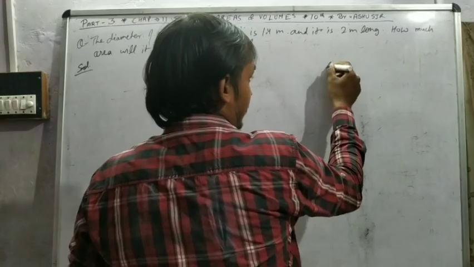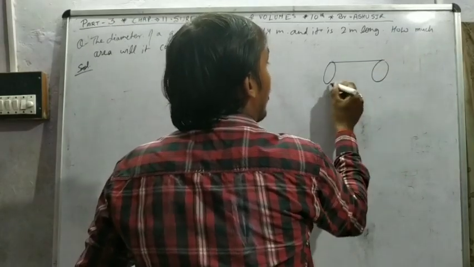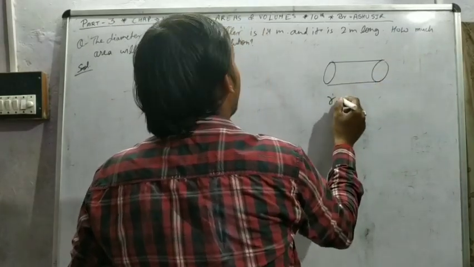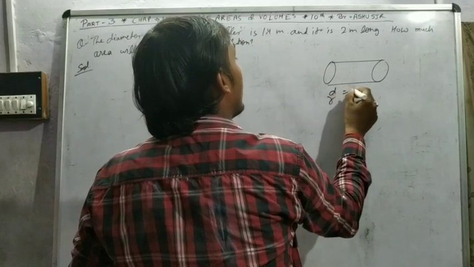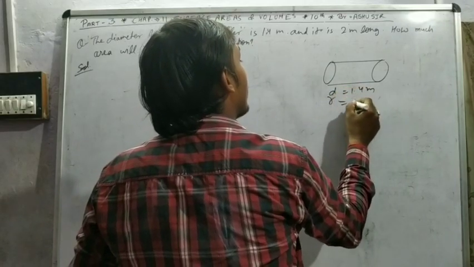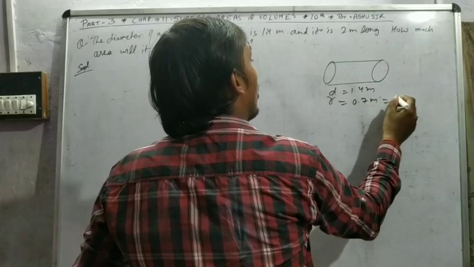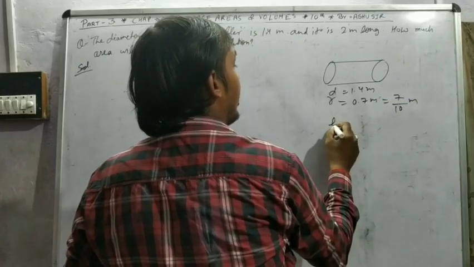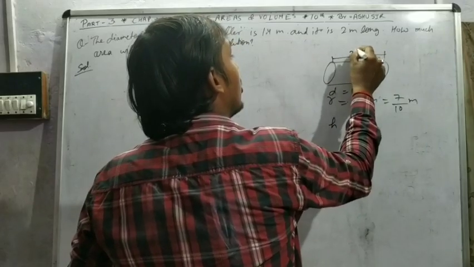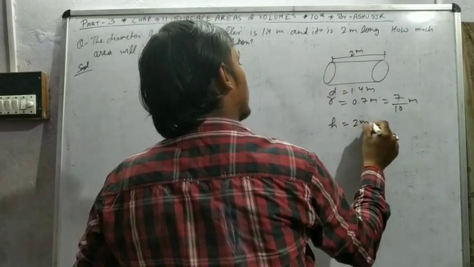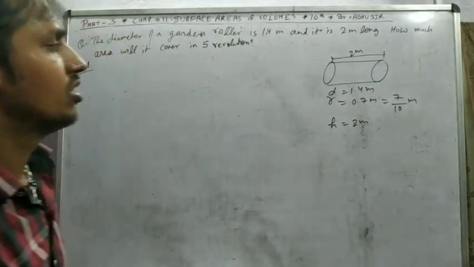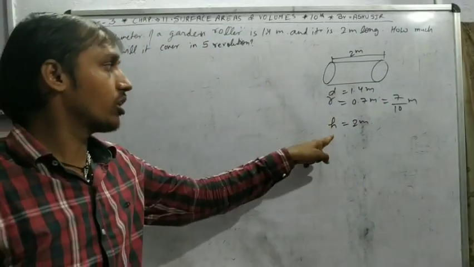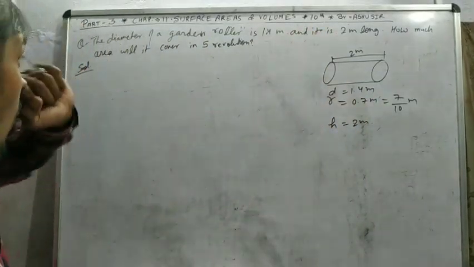The roller is in the form of a cylinder of diameter 1.4 meter, so radius 0.7 meter, or 7 by 10 meter, and the height of the roller is 2 meter, its length, or you can say height. For the cylinder formula, its length is the height.